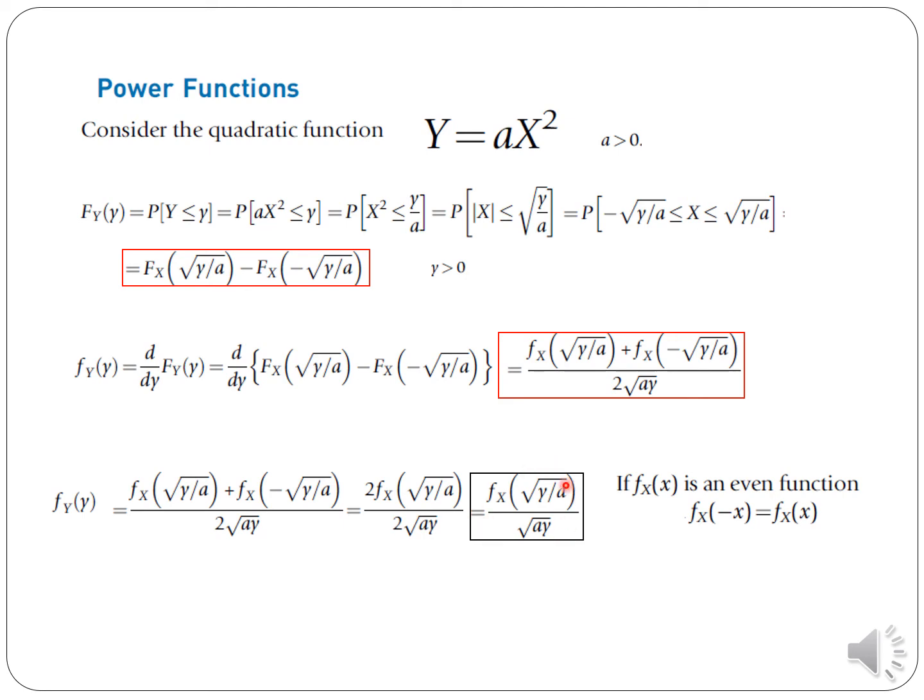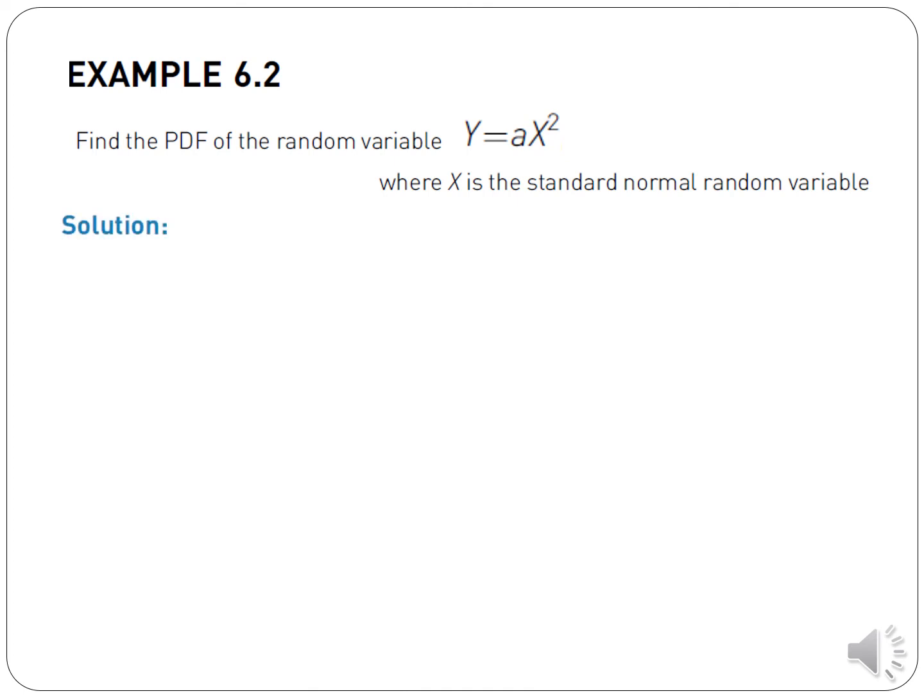So let's remember this formula and see the example. We are now going to find the PDF of the random variable capital Y, where Y is defined as a function of random variable X like a x square. It's a power function. And it is also given that X is a standard normal random variable. In chapter 4, we defined this random variable.